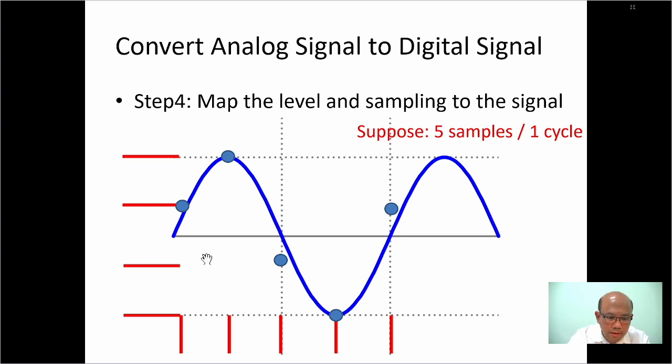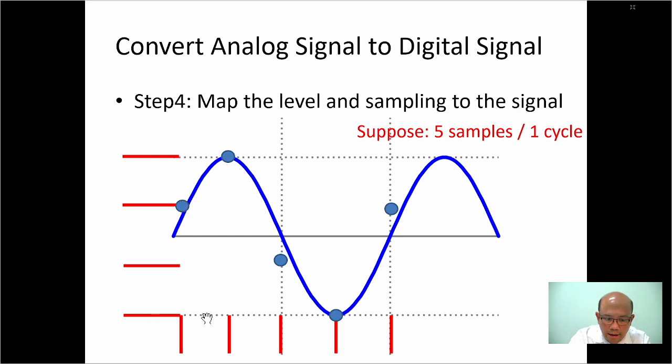Here, the first one, you draw the line from the bottom to top until it hits the blue waveform. For example, I hit in this location. This location is close to level 3. So I mark it in level 3.